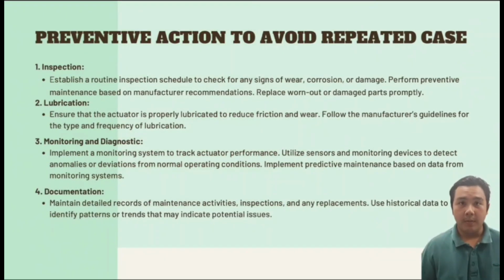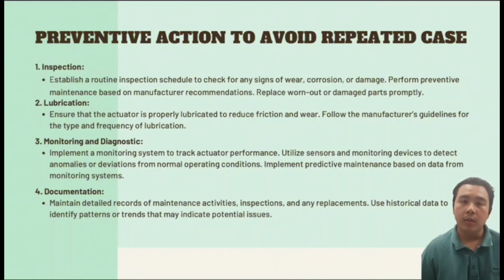The next part is preventive action to avoid repeated case. The first one is inspection. Establish a routine inspection schedule to check for any sign of wear, corrosion or damage. Perform preventive maintenance based on manufacturer recommendation.